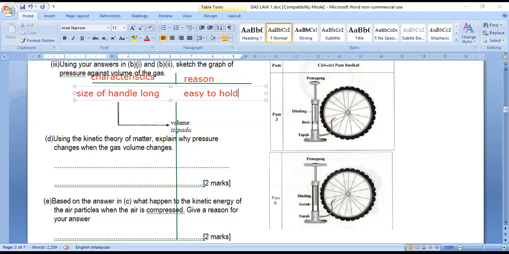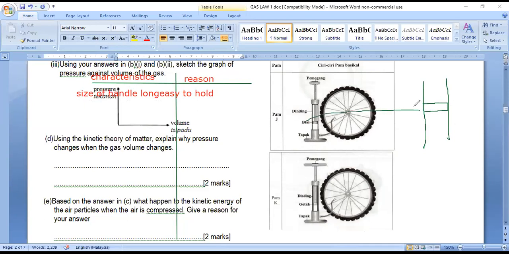Okay, now the material of the piston. Here they put iron, here they put rubber. The problem with iron is, let's say this is your pump, and this is your piston. If you make it from iron, you cannot make it exactly the same size as the diameter. Otherwise you cannot push because of the friction, so you can't move. But rubber is compressible.